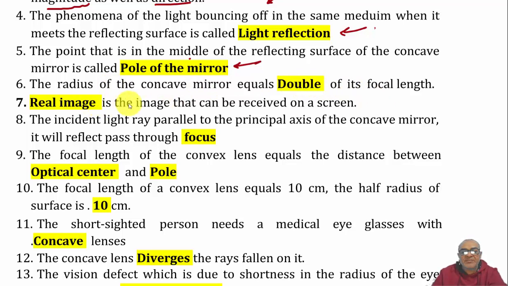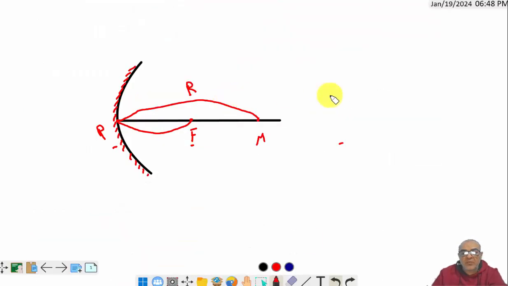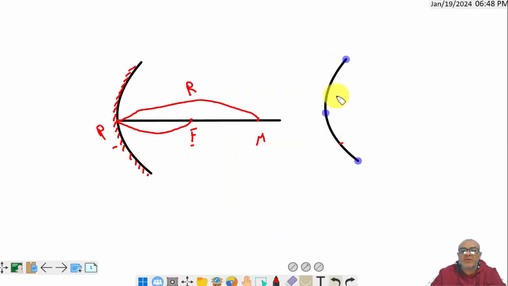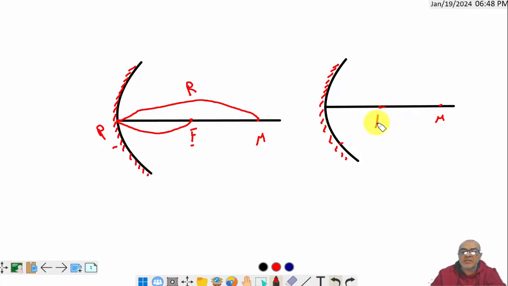The real image is the image that can be received on a screen, because when I draw like this, this is the concave mirror and this is the non-reflecting surface, and we said this is the principal axis, this is the center of curvature here and the focus is here.